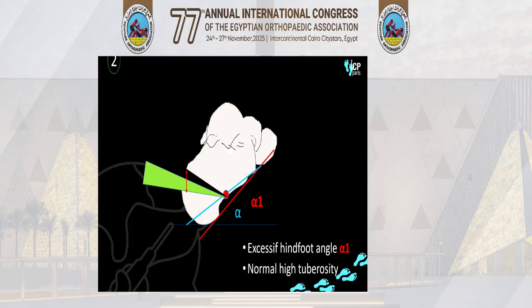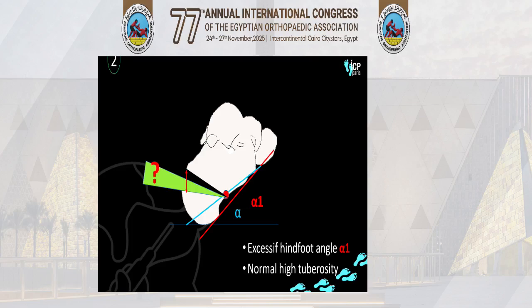That means if you use the same angle alpha 1 here, it's not possible to correct the deformity. So then how much do I need to remove if I put my vertex at this level?